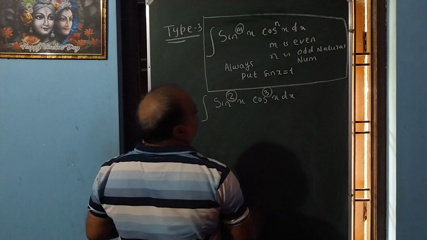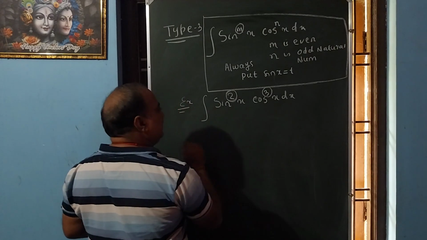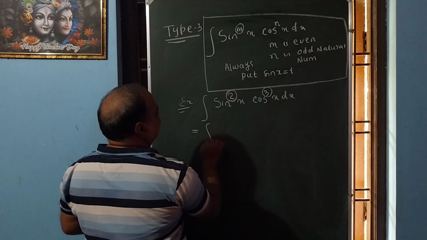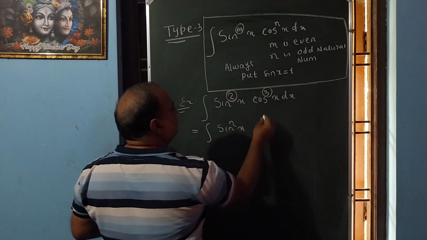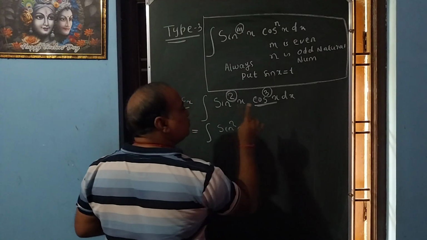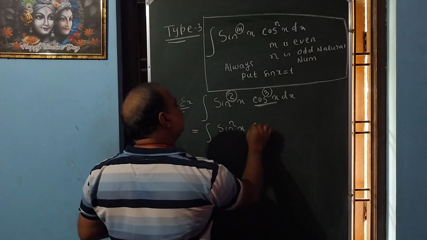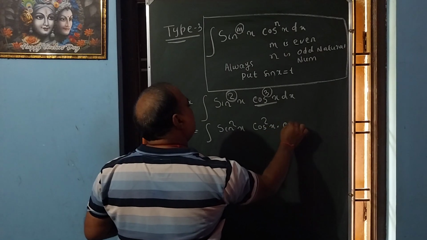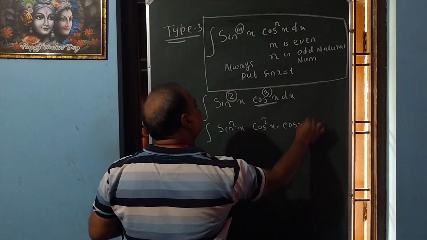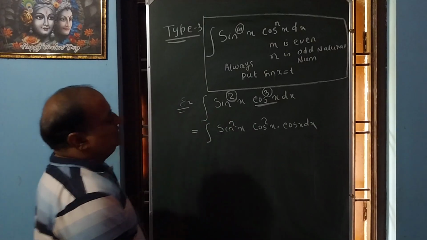So you have to break this quantity as sin square x into cos square x into cos x dx.